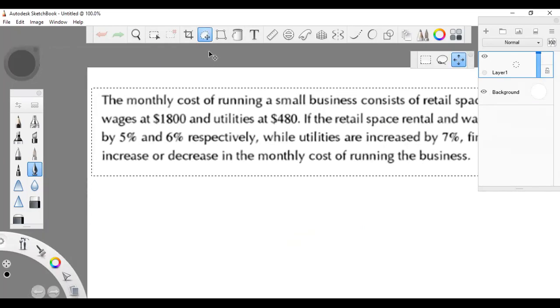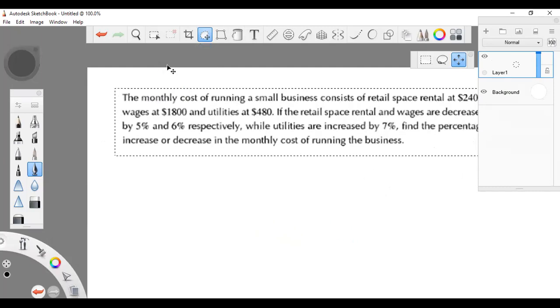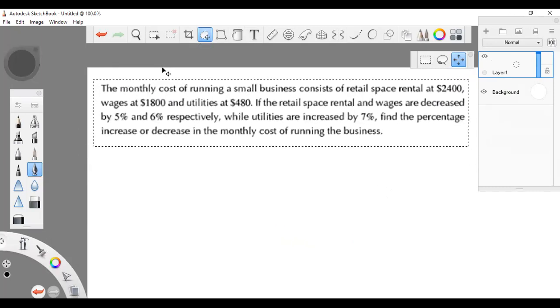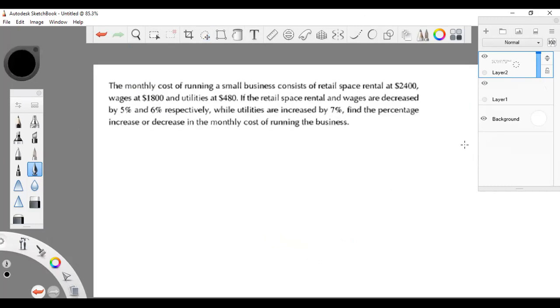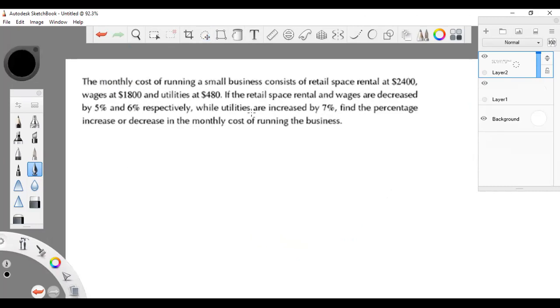You can pause at any time, by the way, because this is an explanation on YouTube. You can rewatch it if you think that you still don't understand. The monthly cost of running a small business consists of retail space rental at 2,400, the wages to pay the workers 1,800, and utilities, you have to buy something, table, chair, and so on, 480.